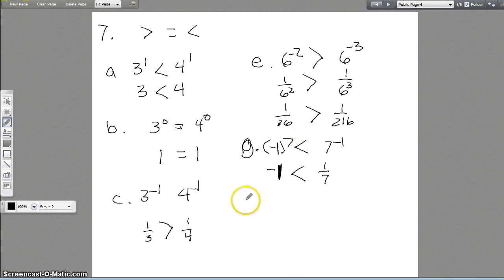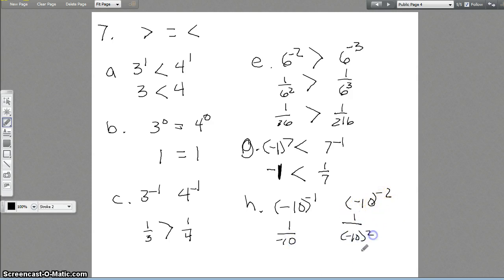Okay, then we will do part H, which is -10 to the -1, and then we have -10 to the -2. -10 to the -1 means 1 over -10. -10 to the -2 means 1 over -10 squared. Well, 1 over -10 is -1/10. 1 over -10 squared is 1/100th.